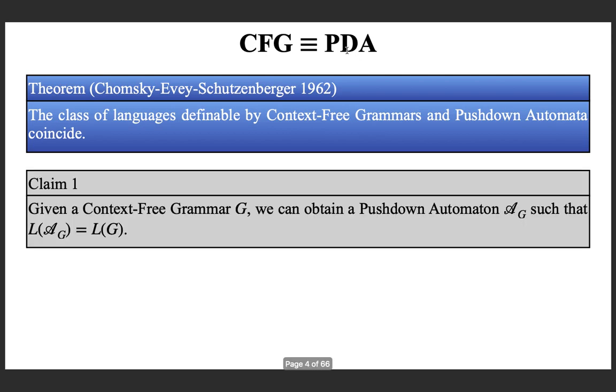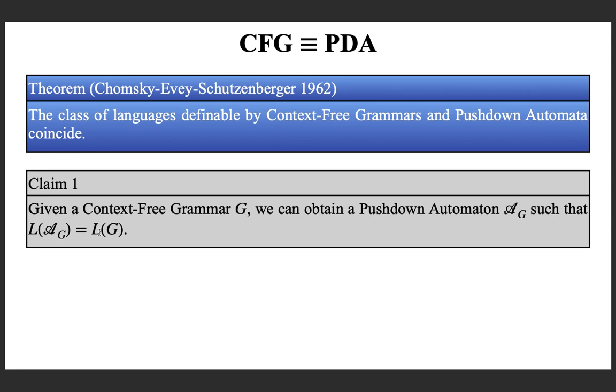The proof has 2 parts, and we shall prove it by 2 claims. Claim 1: given a context-free grammar G, we can obtain a pushdown automaton induced by G such that the language of the constructed automaton and the language of the given grammar are the same.